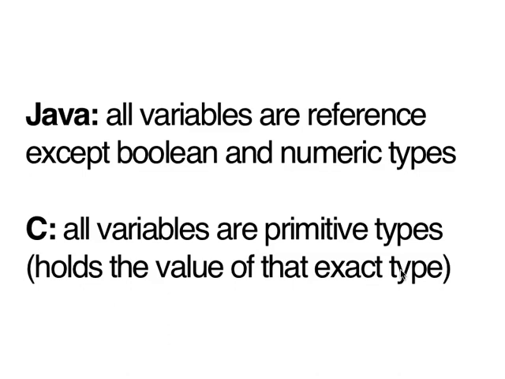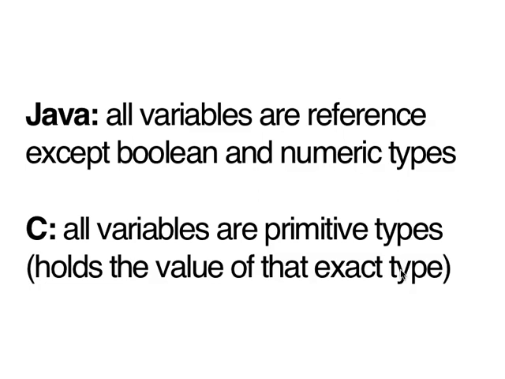Now in Java, all variables are reference type. Right? Remember in Java, you have primitive type and you have reference type. Except for boolean and numeric types like integer, character, long, byte, and so on, everything else is a reference. String is a reference, for example.